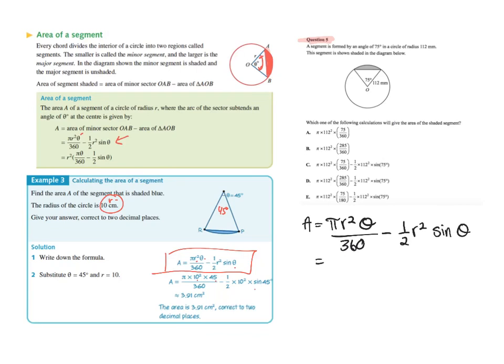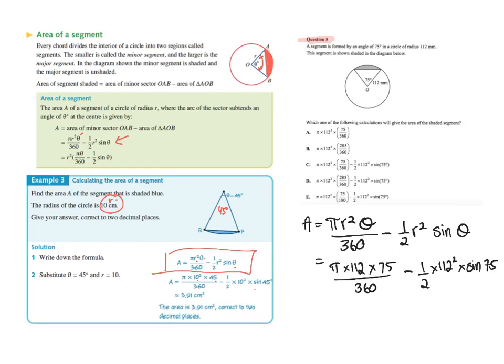Up here, I'm going to plug in. The radius they're telling me is 112. The angle is 75, over 360, minus a half times 112 squared times sine 75.